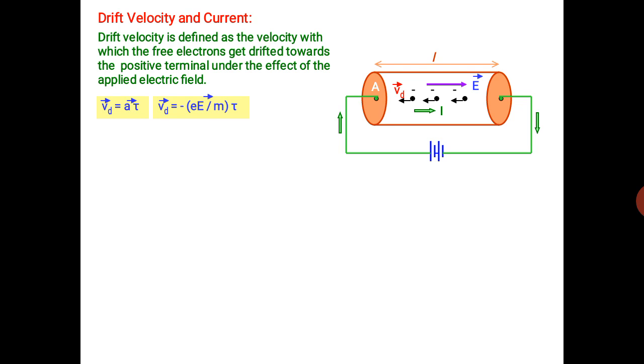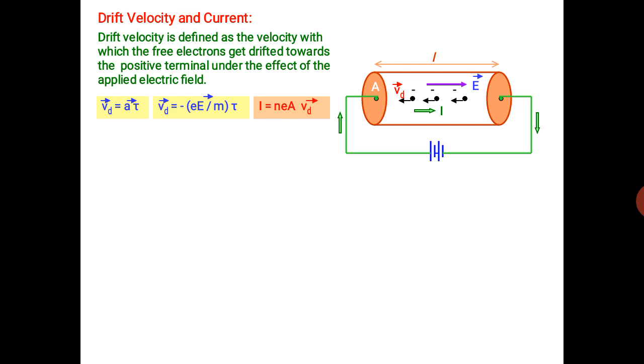So in place of acceleration we can write small e into capital E, where small e is the charge of the electron and capital E is the electric field, divided by m, where m is the mass of the electron. So in place of a we can write eE divided by m. This gives the acceleration of the electron, into t, the time.